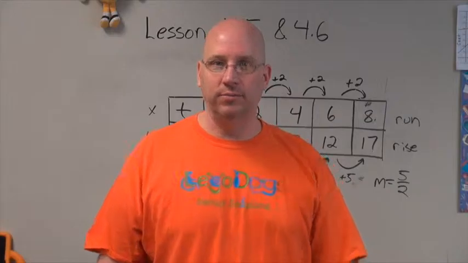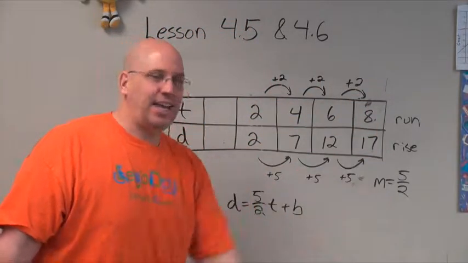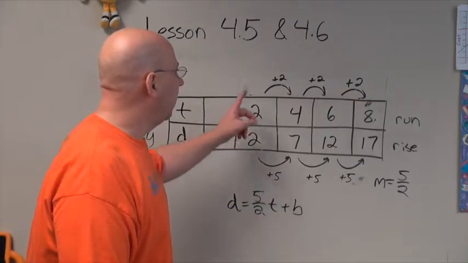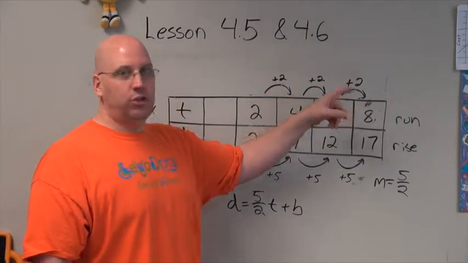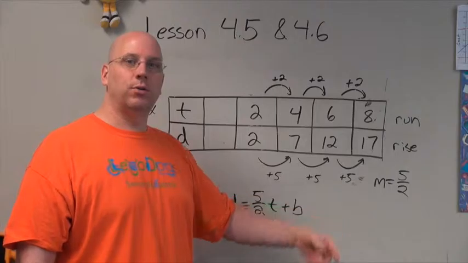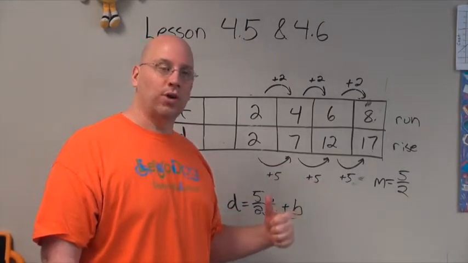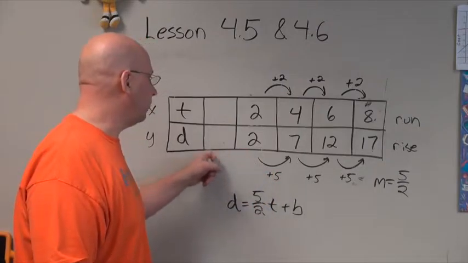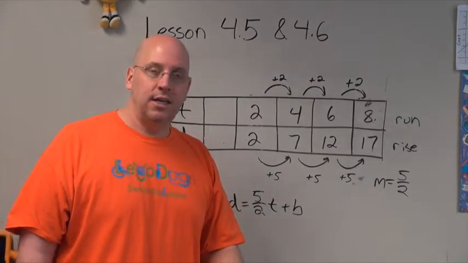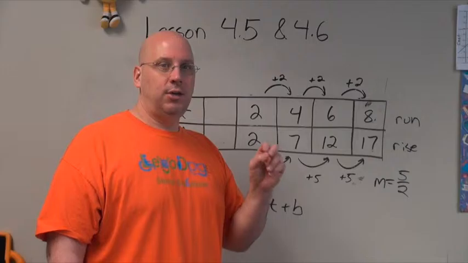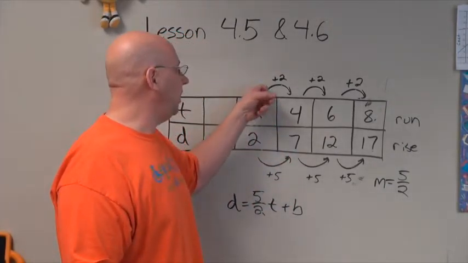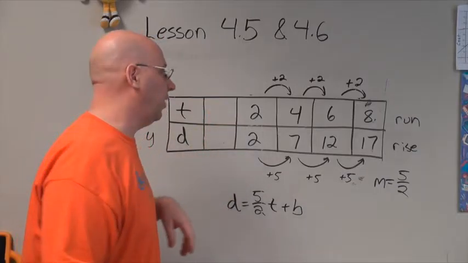Method number 1. Here I got rid of the last section of the table and I left 2 blanks here. I did that because if you remember that adding 2 going that way, adding 5 goes that way, well, it also works in reverse, meaning you subtract 5, subtract 5, subtract 5, subtract 5. And if you remember that the y-intercept is when x is equal to 0, then you keep subtracting until you hit 0 here.